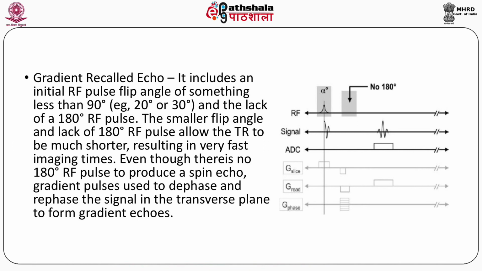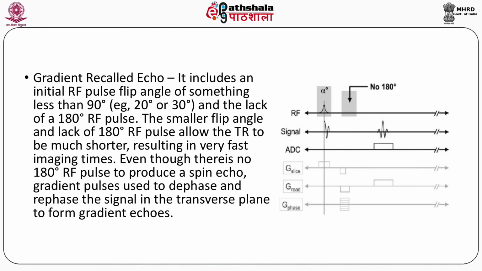In this figure you can see that first, a less than 90 degree RF pulse is used, which slightly flips, maybe 60 degree. In this case both transverse and longitudinal magnetization are present at a time, and then magnetic fields are applied in one direction.